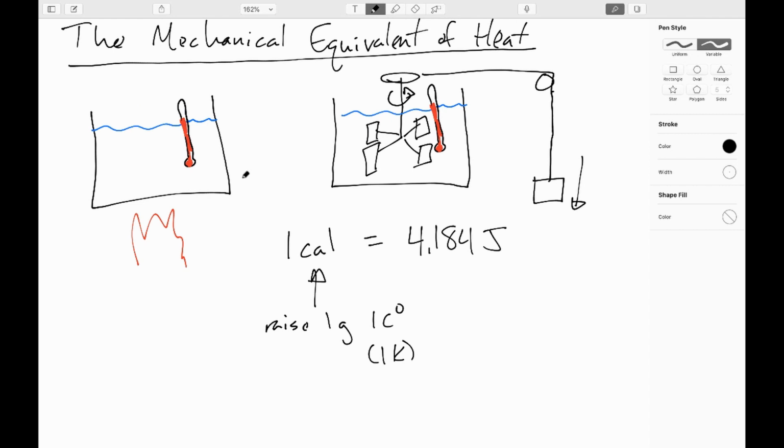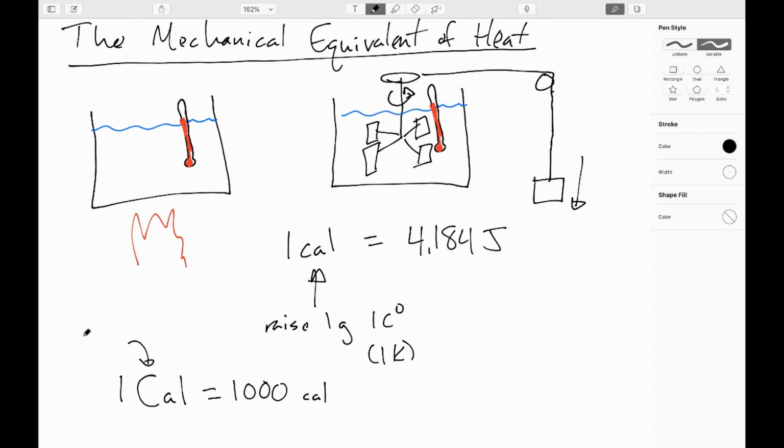In the United States, if you look at, say, your candy bar wrapper or something like that, in the nutrition facts panel, they'll say calories, but they always write it with a capital C. And annoyingly, this calorie is 1,000 of the other calorie.